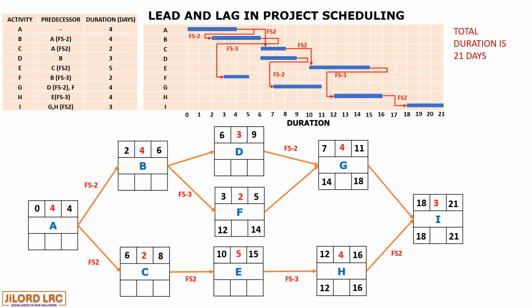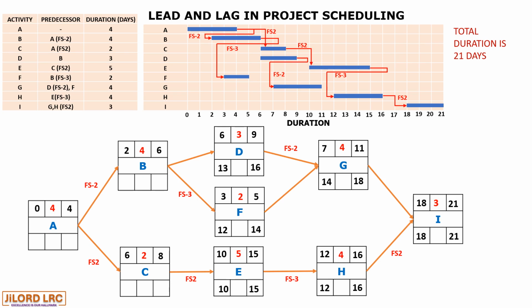Now let's look at what happens to E. Since we have a lead of 3, we add 3 to 12 and it becomes 15, and 15 minus 5 becomes 10. What happens to D? D has an addition of 2 to the 14, it becomes 16. 16 minus 3 is 13.